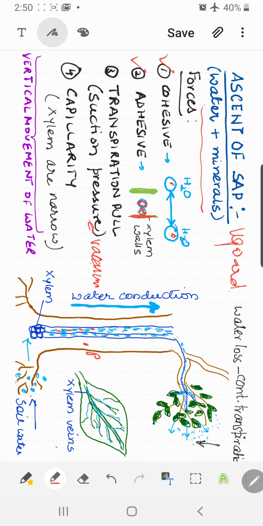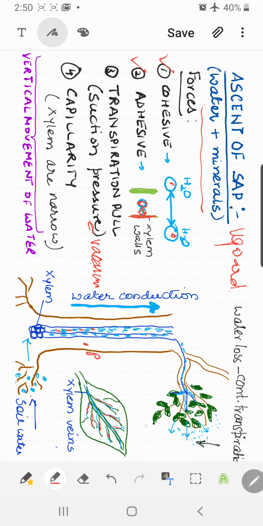Please see that the water is supplied till the top of the plant, and the water is supplied to each and every leaf. I have just magnified the structure of a leaf where you can see the xylem veins and the networking here. These are the venations, these are our xylem veins, and they are responsible for transporting water and minerals to each and every cell of the leaf.